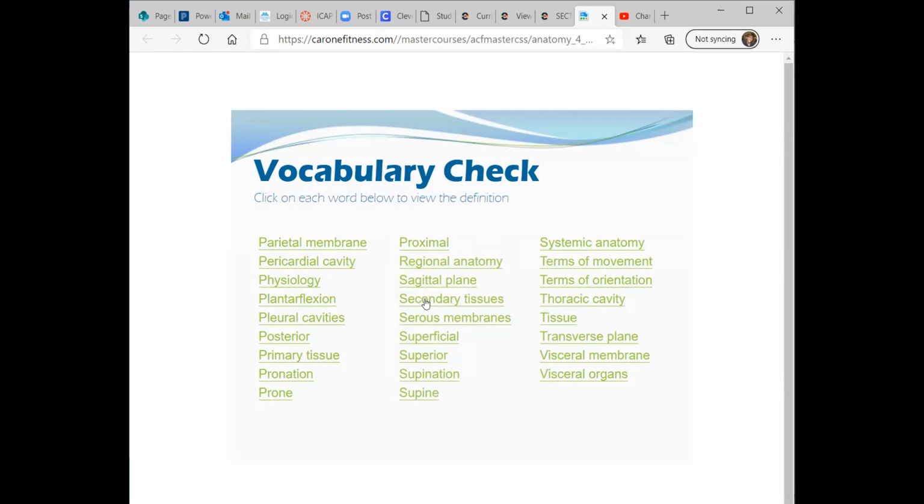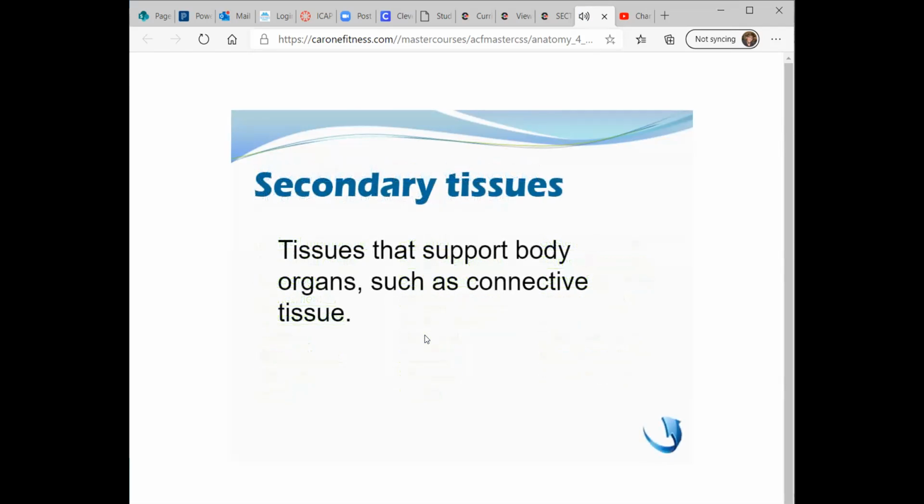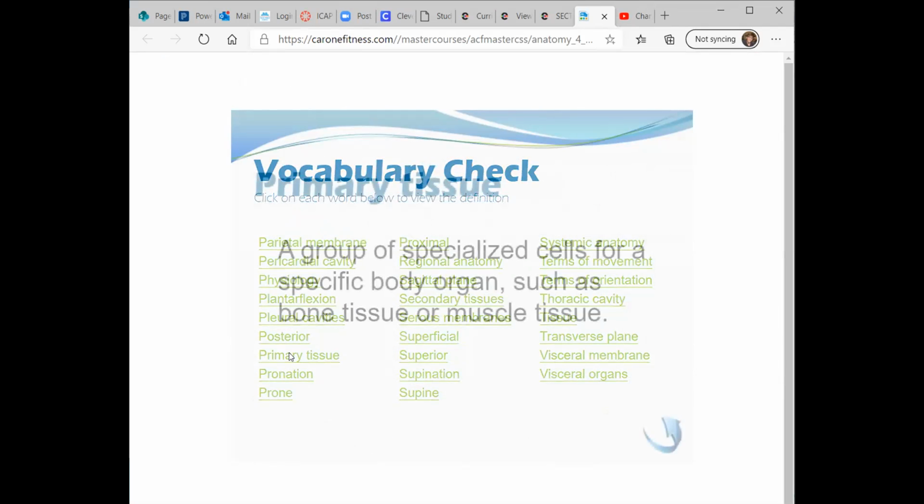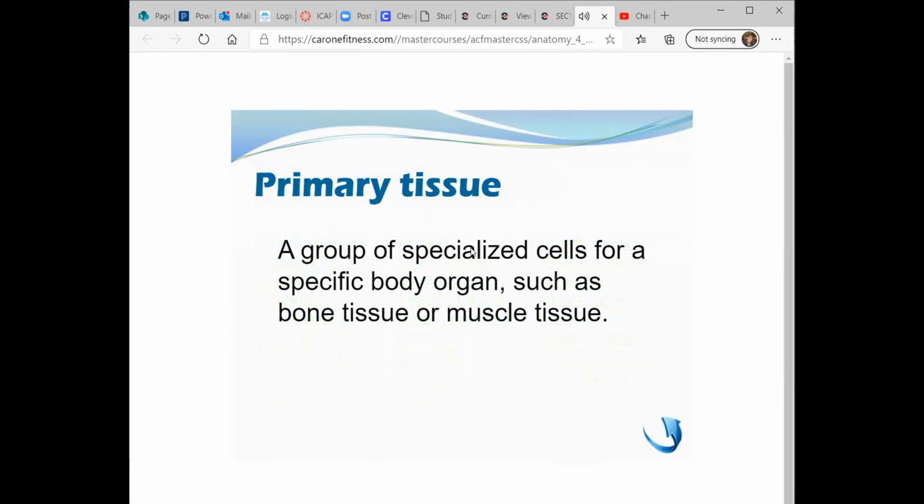Regional anatomy, sagittal plane. Secondary tissues support body organs such as connective tissue. Whereas primary tissue is specialized for the organ itself, like bone, muscle tissue.